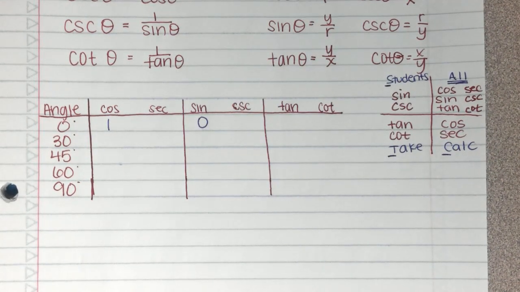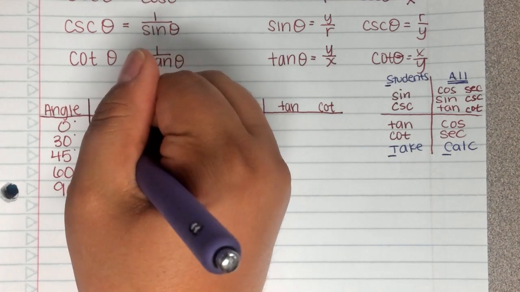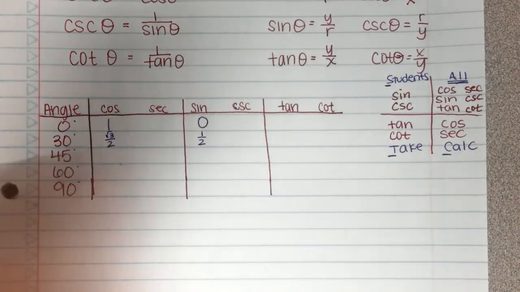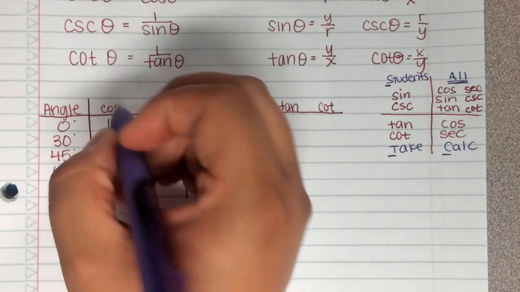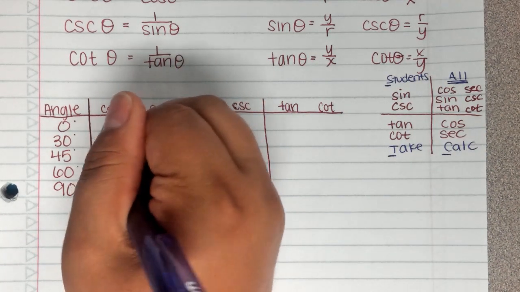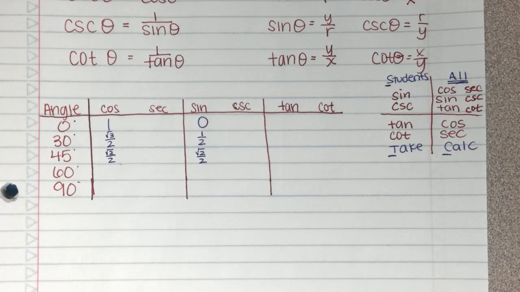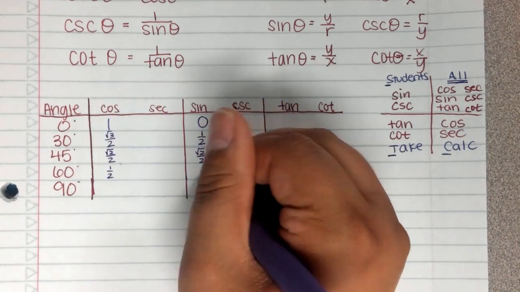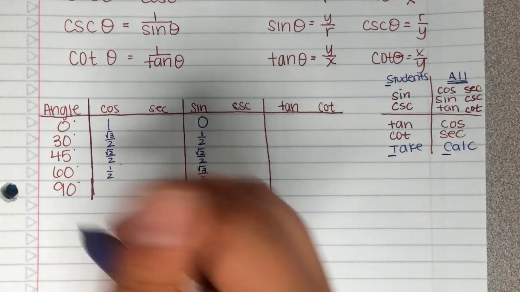What about at 30 degrees? Square root of 3 over 2, comma, 1/2. What about 45 degrees? 60 degrees, and 90 degrees.